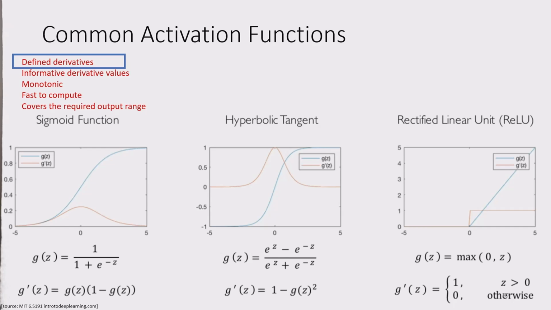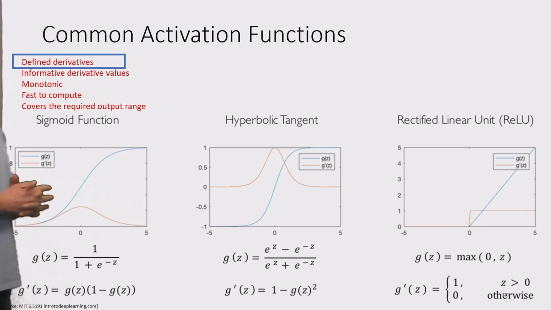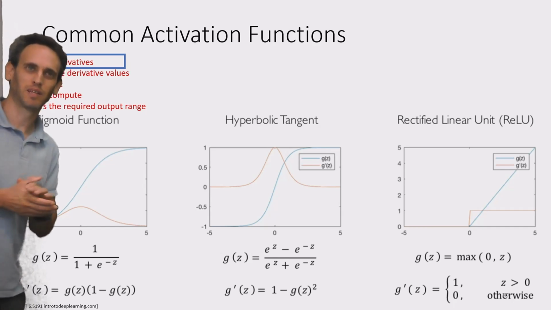First of all, do they have well-defined derivatives? The answer is yes. You can see here the definition for each one of these activation functions. For sigmoid, for instance, this is the sigmoid function. The sigmoid and the tanh functions have a deeper theoretical meaning in how we got to these specific functions, but I covered that in my machine learning course.